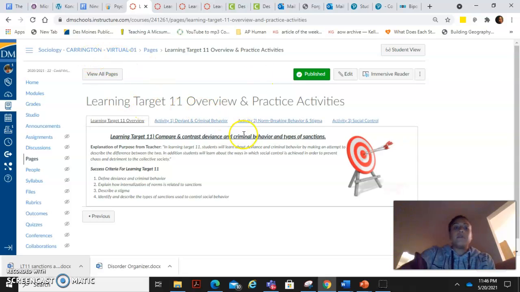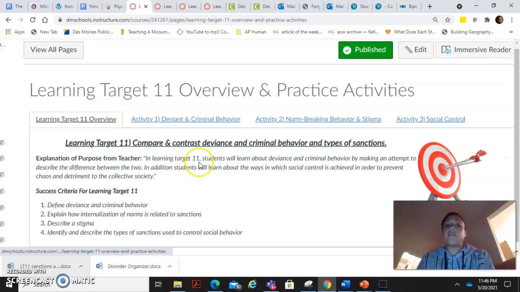All right. Remember, Learning Target 11 is comparing and contrasting deviance and criminal behavior and the types of sanctions. So, two days ago, we learned about what deviance and criminal behavior are and some examples.